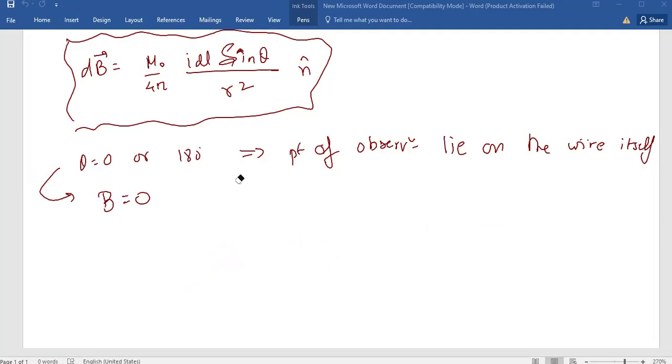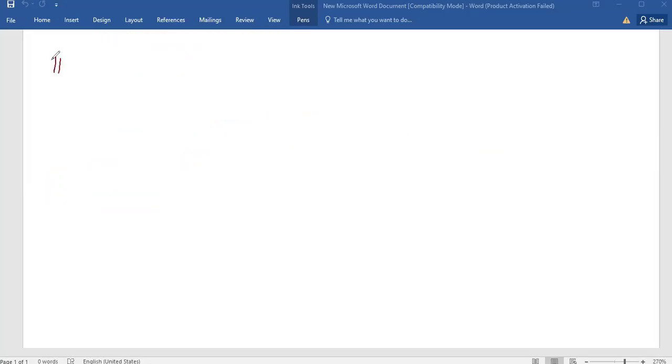Now we will look into magnetic field due to a straight current carrying conductor. So let's look into that. There are many configurations, but we will look into only the major ones, like magnetic field due to a long straight wire.